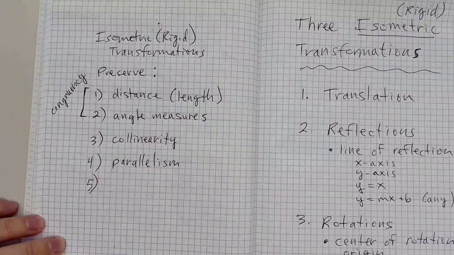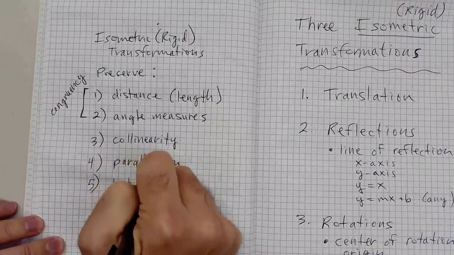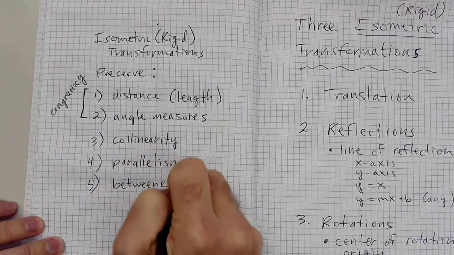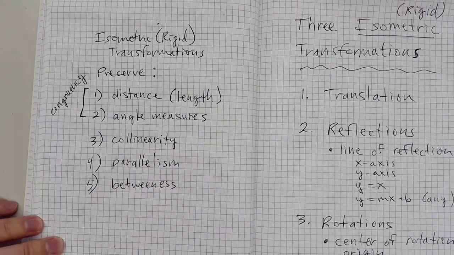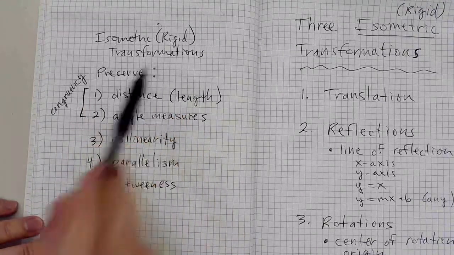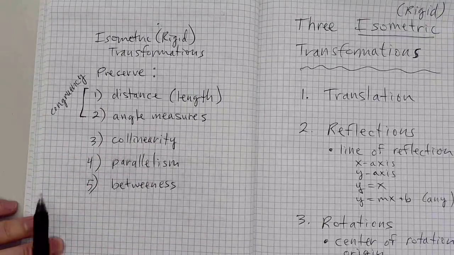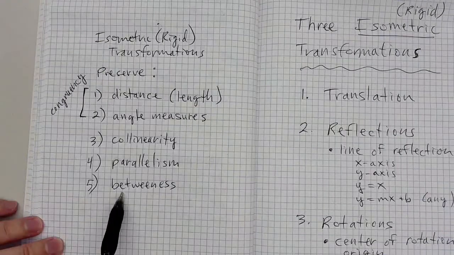Parallelism. And the last one, my favorite one, betweenness. Okay, and the easiest way to describe that is that the order of the points between other points will kind of stay the same. Isometric rigid transformations preserve distance, angle measures, collinearity, parallelism, and betweenness.